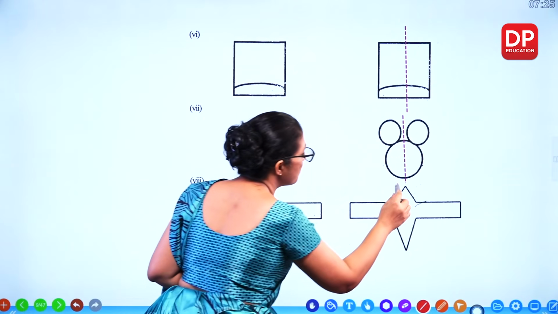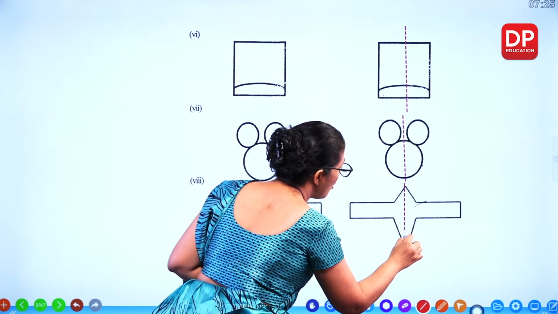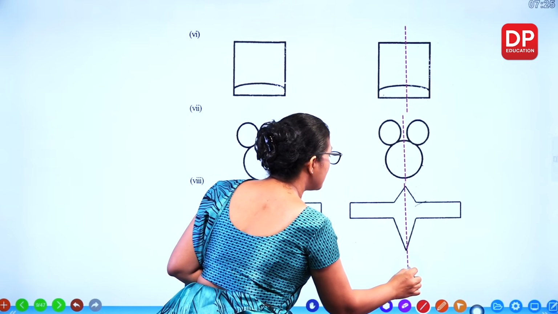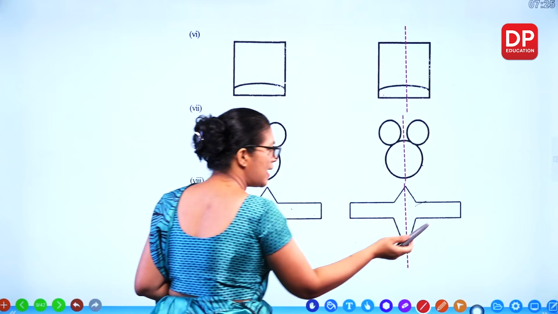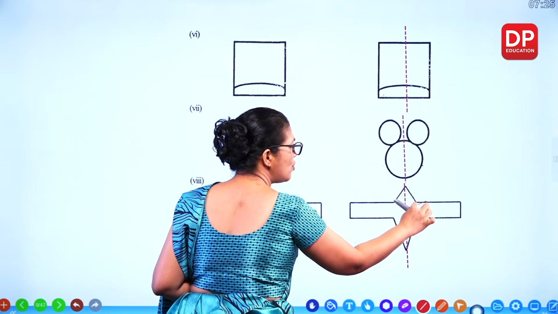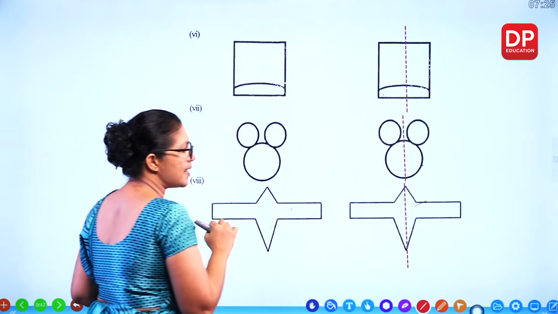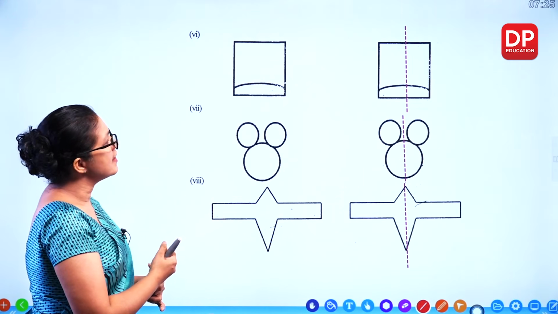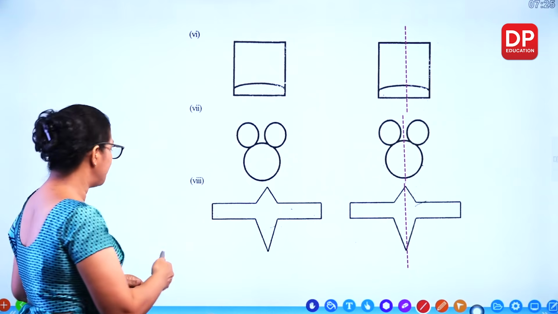This one, we can draw a line like here. Can we draw a line this way? We can't. We can see this side is different to the upper side. So you can't draw another line there. So that's the axis of symmetry.